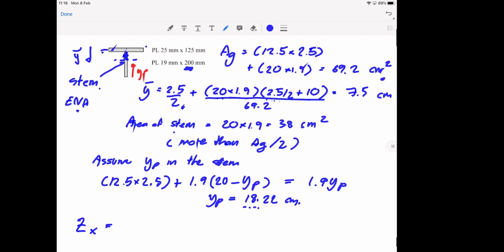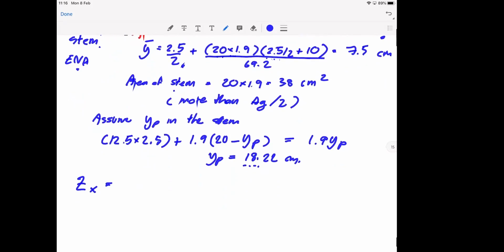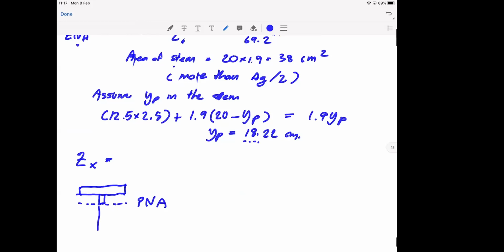So Z_x is going to be equal to, let me try to draw a picture for you first. You now have this piece, and that piece. That's your plastic neutral axis. And you now have another piece here. This piece is 18.22, so this piece is 1.78.